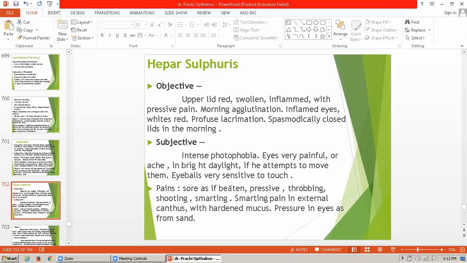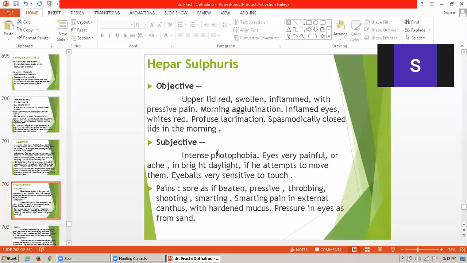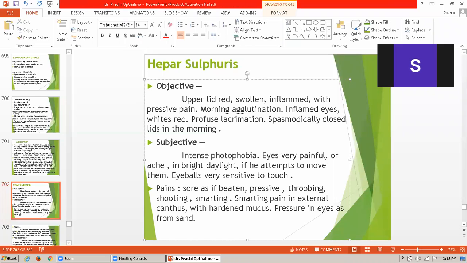Firstly, in Hepar sulph, objectively the upper lids are red, swollen, inflamed with pressure pain. There is a morning agglutination and inflamed eyes, white red, profuse lacrimation, and spasmodically closed lids in the morning. Subjectively, the patient feels intense photophobia, eyes are very painful or aching in the bright daylight.